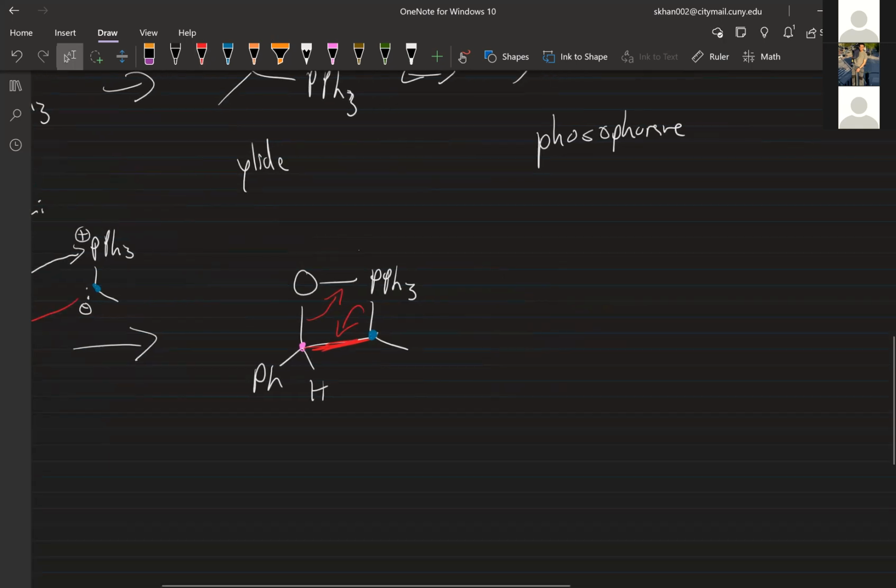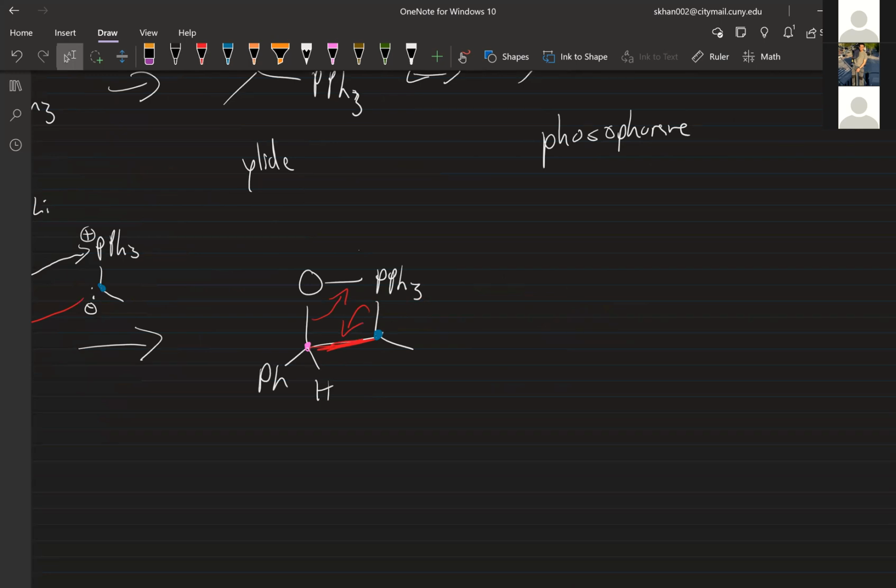And then if you draw the Newman projections, you'll see exactly why it's going to be Z. But they don't really go into that detail at the undergraduate level. The main outcome is that when it's unstabilized, sorry, I keep saying olefin, but you're used to alkene, is the alkene going to be Z or E in this case?